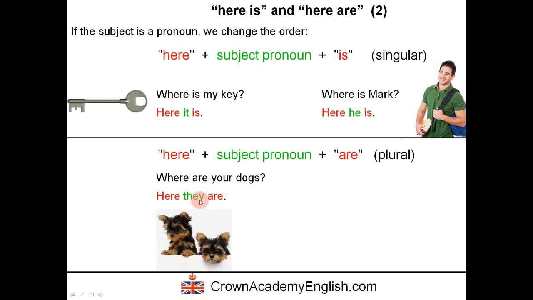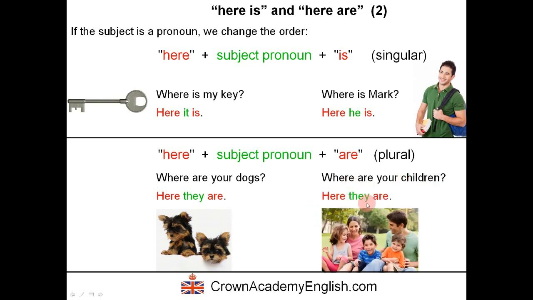And they is the subject pronoun in the plural form. Where are your children? Here they are. So this is the same. Here and are. And we have the subject pronoun in the plural, they. Here they are. Okay?